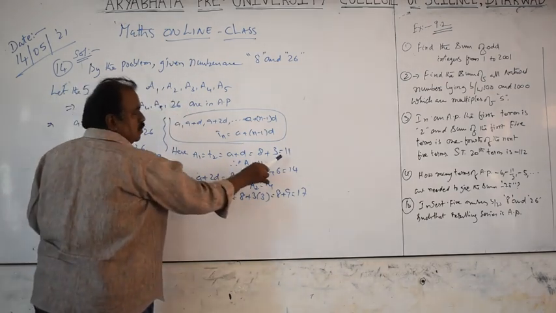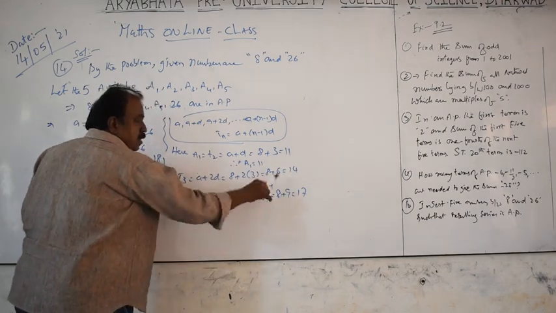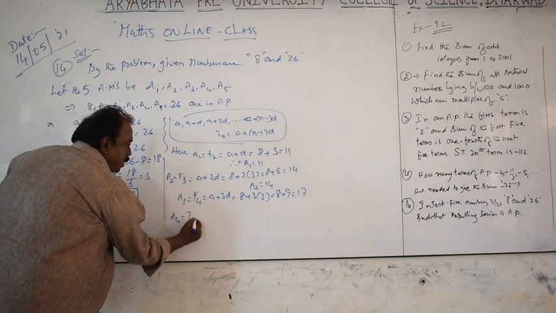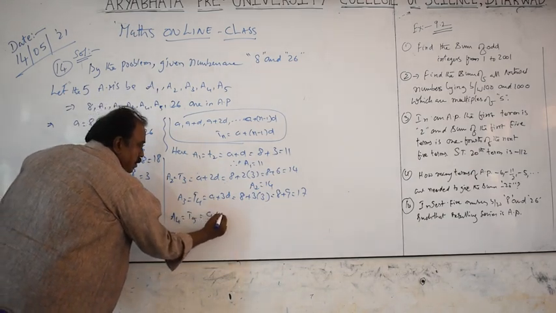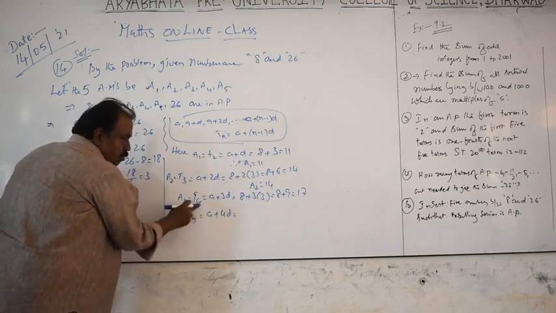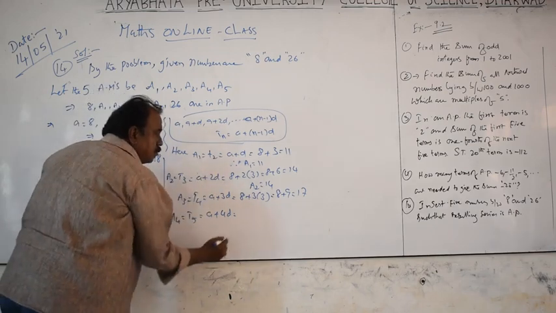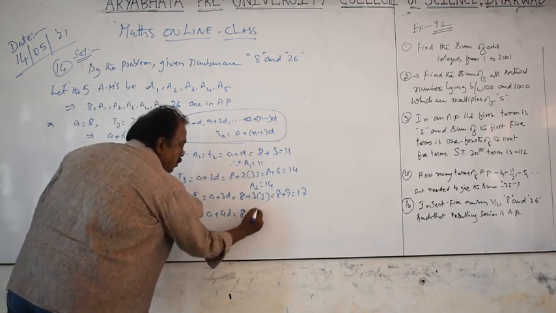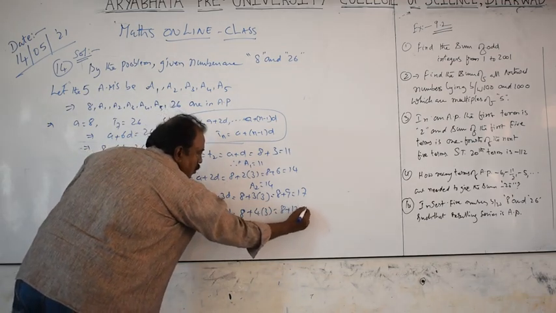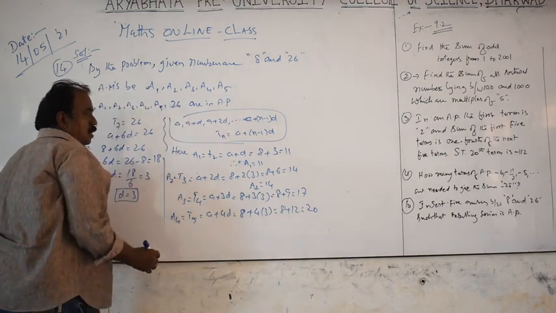The difference between 11, 14, 17 is again 3, so next will be 20. A4 is T5, A plus 4D. 5 means 4D, 4 means 3D, 3 means 2D, 2 means 1D. It is 8 plus 4 into 3, that is 8 plus 12 is equal to 20.